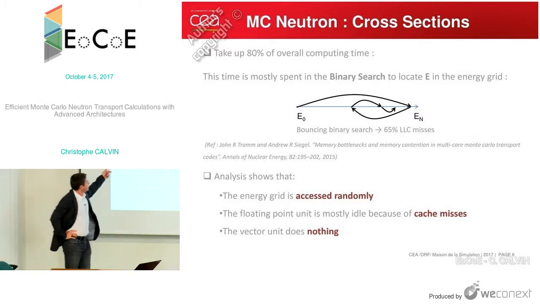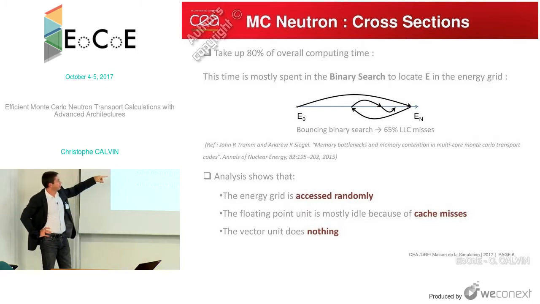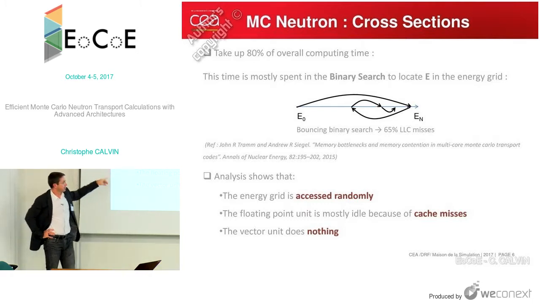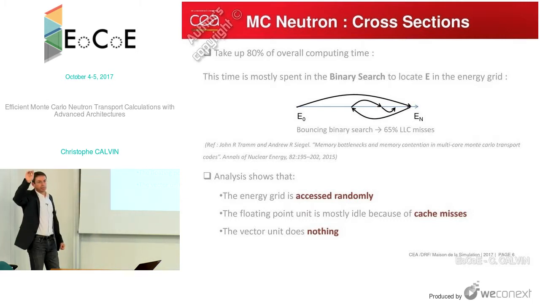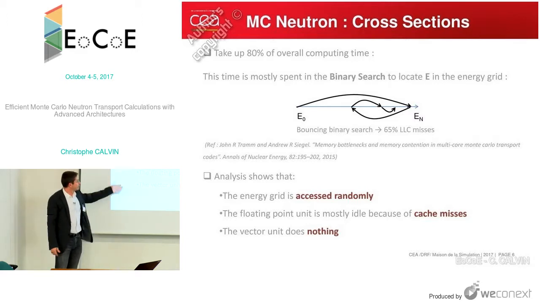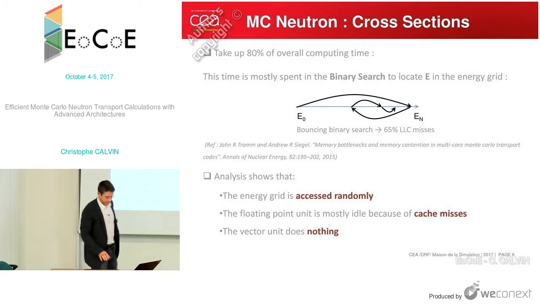When you make some performance analysis, you see that the energy grid is accessed randomly. The floating point unit is mostly idle because of cache misses, because each time we have to look at the memory to find the right value. And if we have some vector units, the vector units are doing nothing. So this is the best case in order to make some optimization.